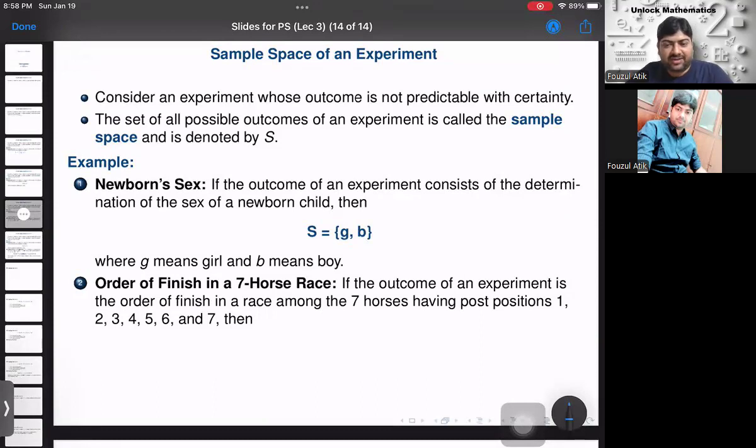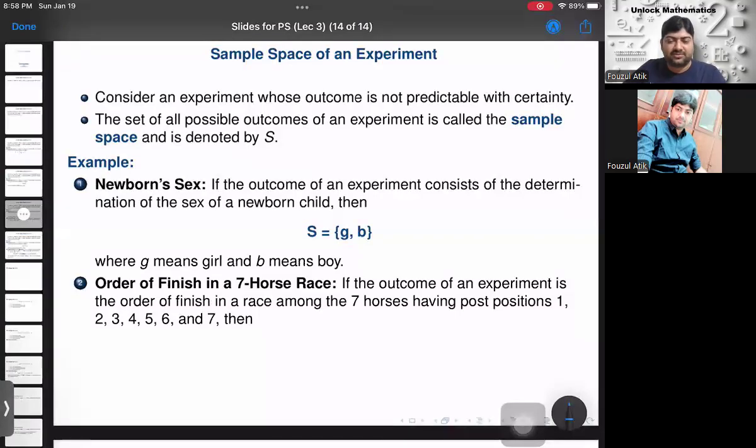Next, suppose the outcome of an experiment is the order of finish in a race among 7 horses having positions 1, 2, 3 up to 7. So there is a race where 7 horses are participating. How many ways can their finishing order be? Horse 1 can be first, second, or last.